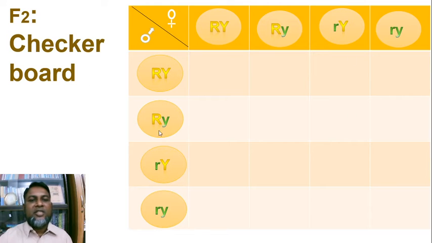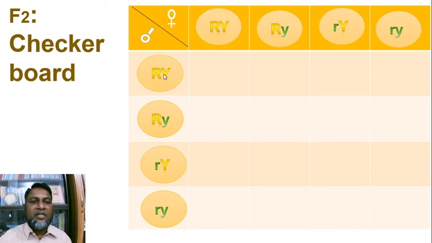For F2, this is the checkerboard. These are four female gametes and these are four types of male gametes.